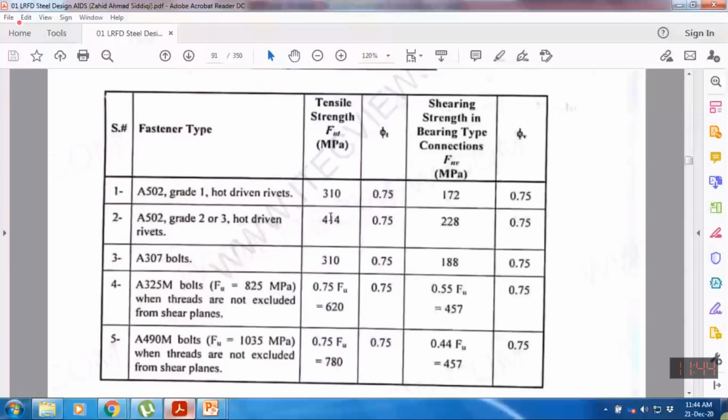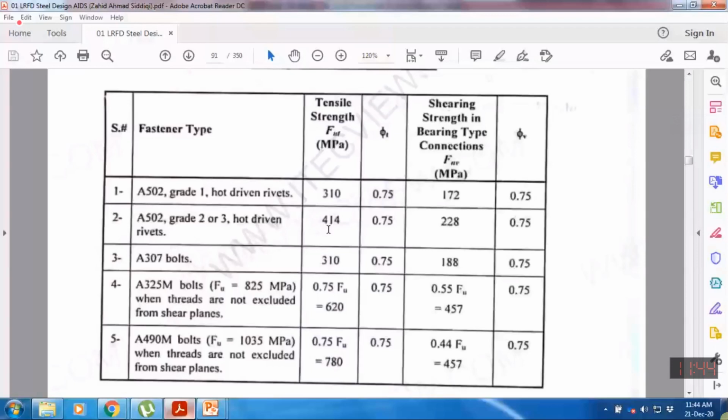But this bolt has a lesser area at the threaded portion. It means the bolt will always fail at a portion where the cross-section area is less, so the chances of failure are more at the thread.